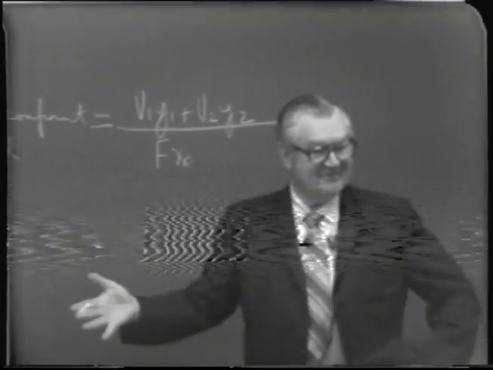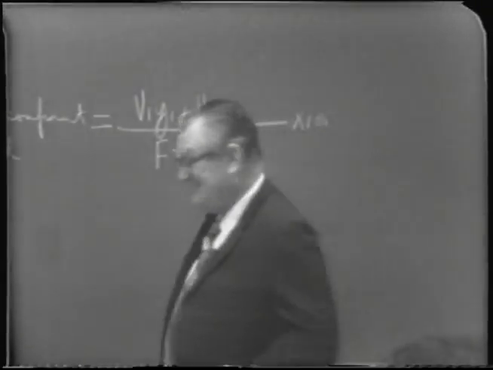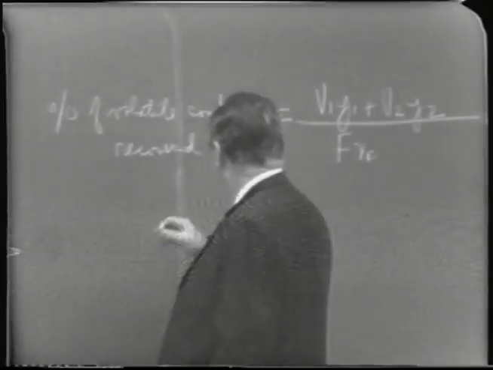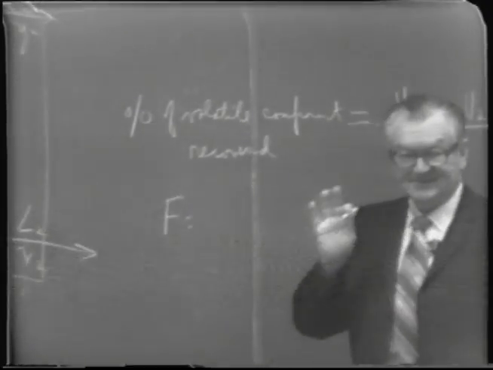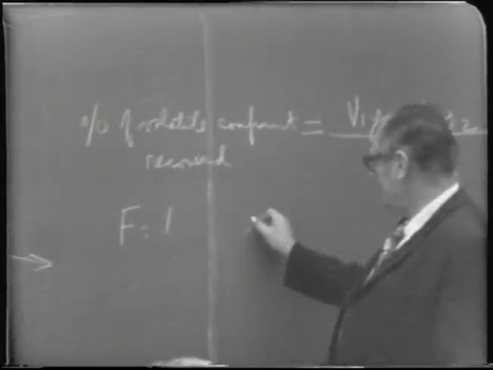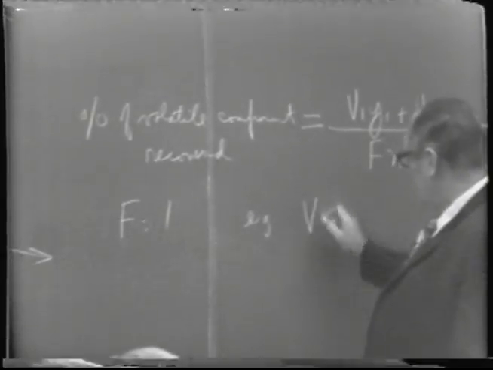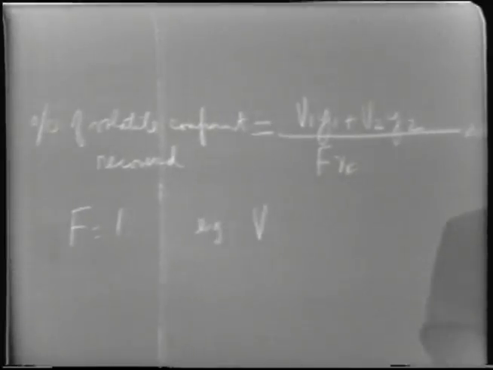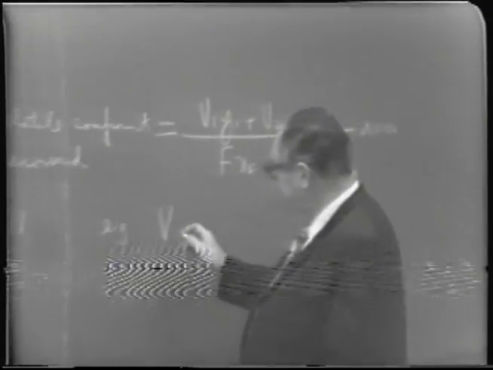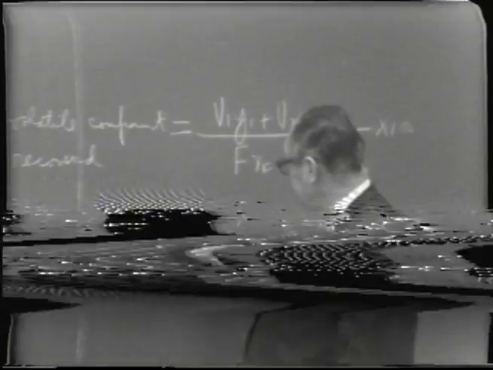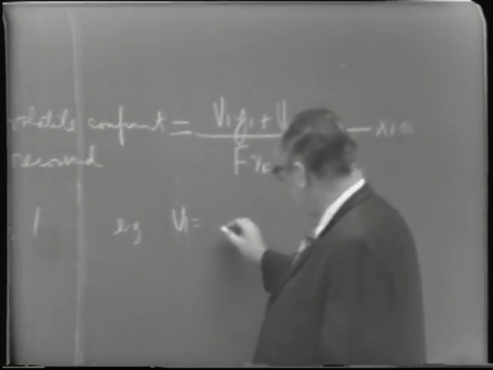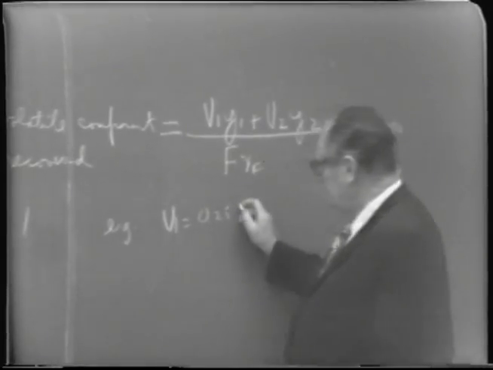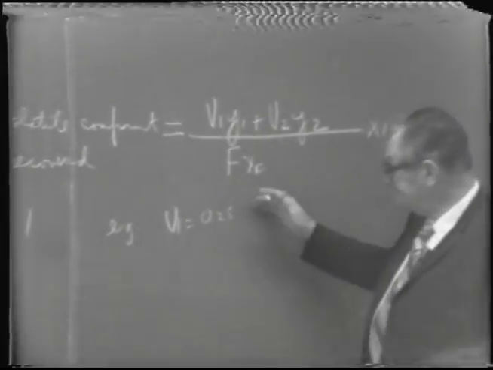Well, let me take a hypothetical case. Suppose you take the feed as a basis, or 1 or 100, whatever you want, and let's say, for example, the fraction vaporized in the first stage was 0.25, so V1 would be 0.25 F, or 1.